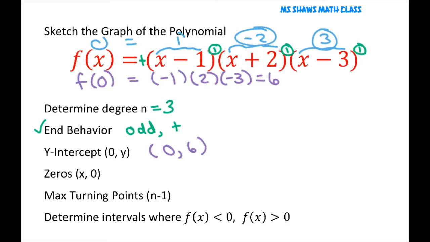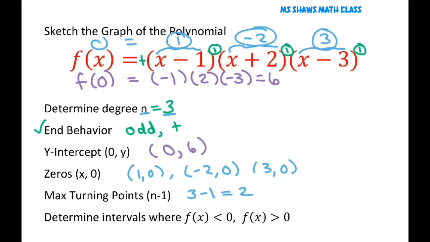So there are your zeros, and we're going to write them like this: (1, 0), (negative 2, 0), and (3, 0). Now the maximum turning points is where the graph turns direction. So our n is 3, so we do 3 minus 1 equals 2, and we're going to do this part last after we graph.